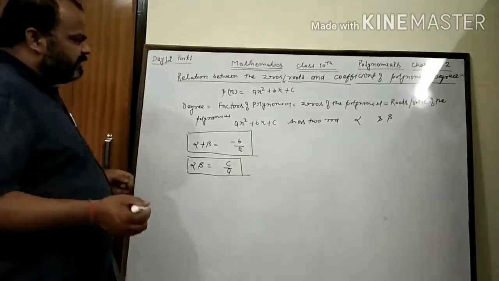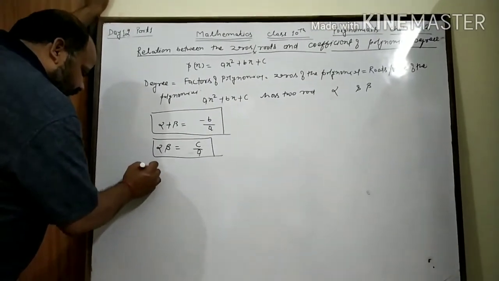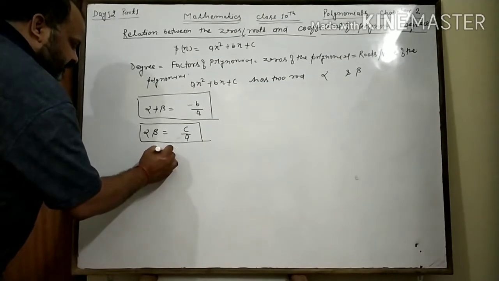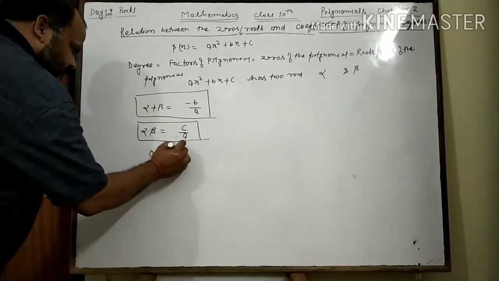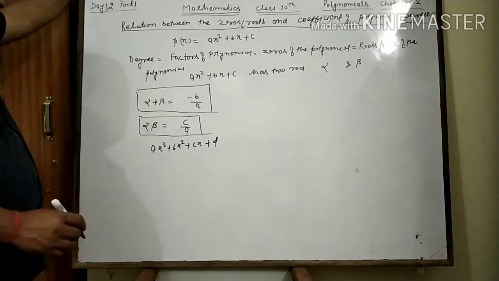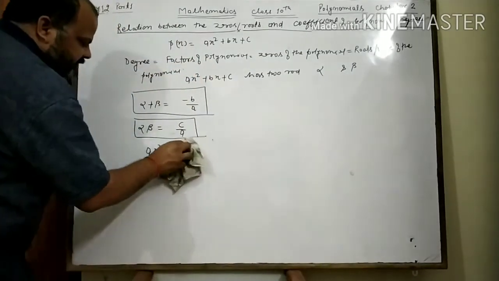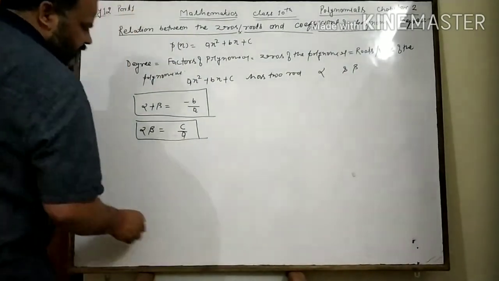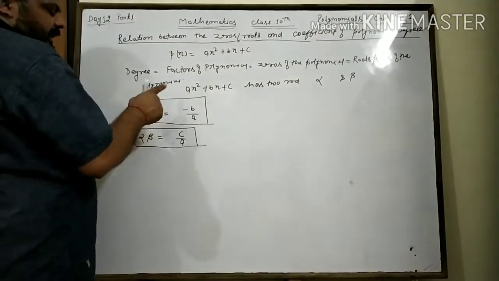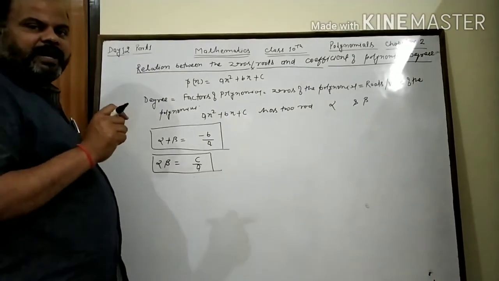In the same way, if you have a cubic polynomial like ax cube plus bx square plus cx plus d, we can leave it as it is. First we discuss the same. Suppose with the help of this you can find the value of alpha and beta.